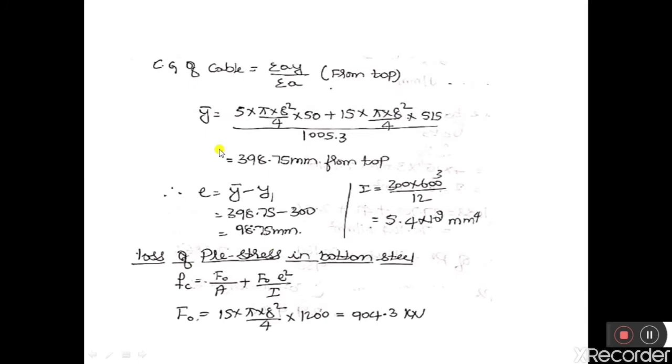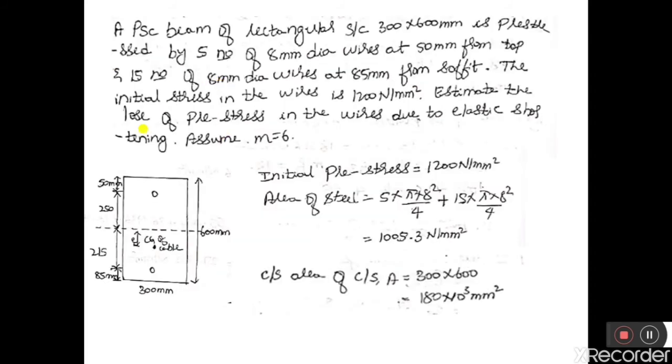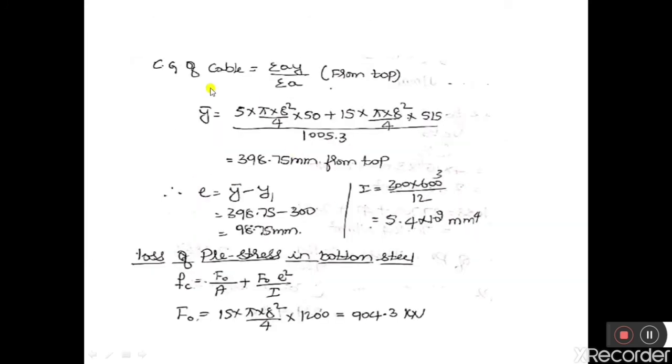And as I said, we need to calculate the CG of the cable because we have cables at two different locations. So first let us calculate the CG of the cable with respect to the top fiber. So we know the formula to calculate CG of a cable.